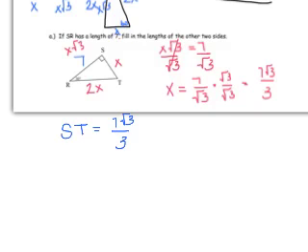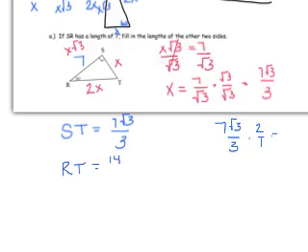Now RT is 2 times x. So if I take this 7 square roots of 3 over 3 and I multiply times 2, I get 14 square roots of 3. So RT is 14 square roots of 3 over 3.